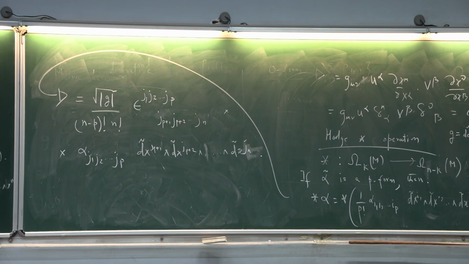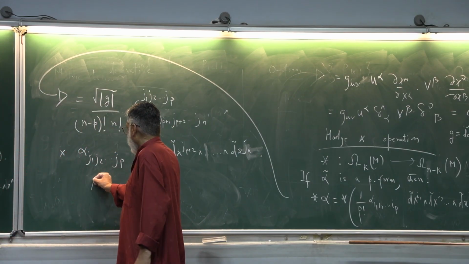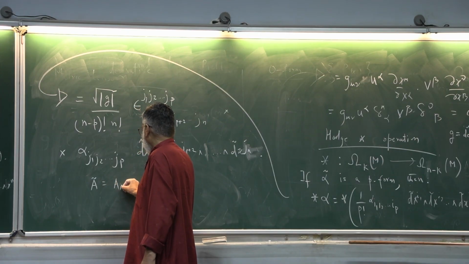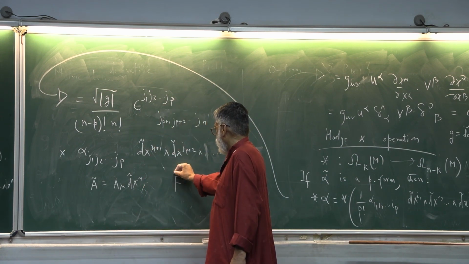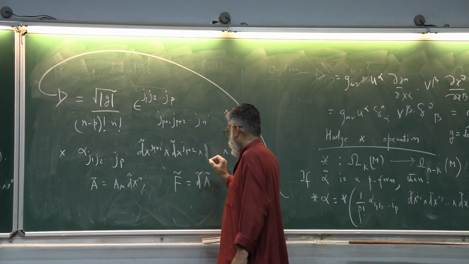The last thing I will say while I'm staying in differential geometry is about that tutorial problem. You were told that your vector potential was a one form, A mu dx mu, and then the two form F was written as dA.